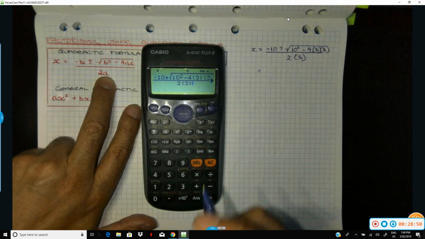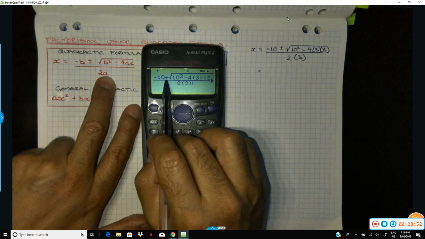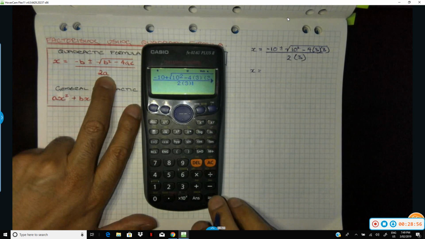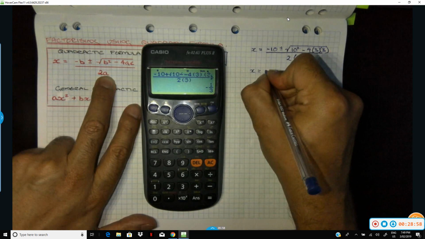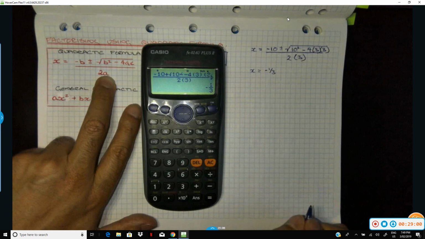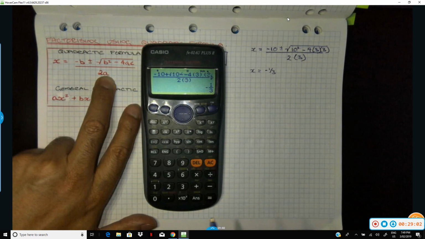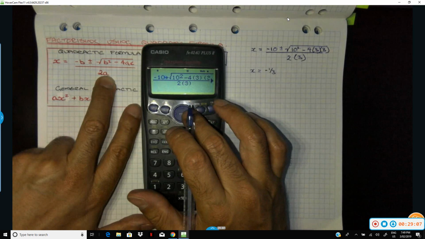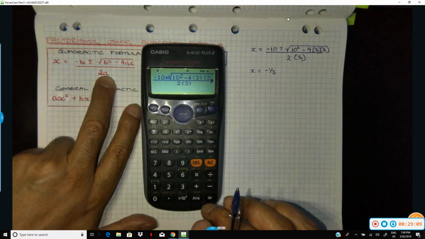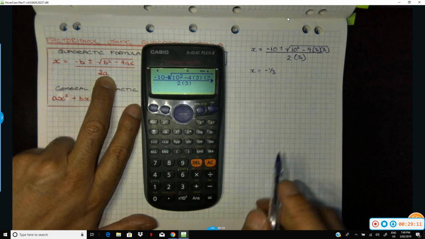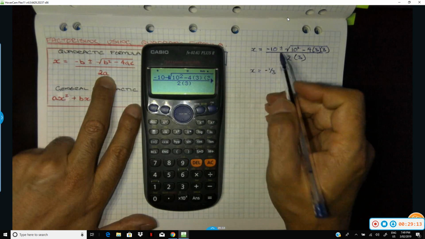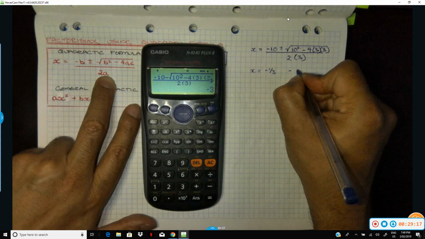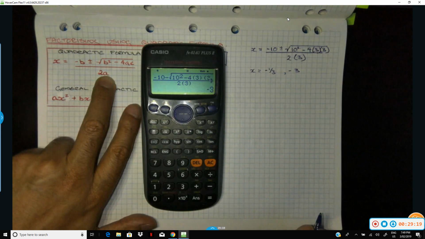I've got a plus here. So x equals negative a third. But that's only one solution. What I've got to do is go back to my quadratic formula and change that plus to a minus, because it's plus or minus. And so we get these two solutions.